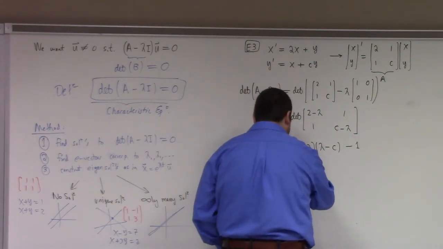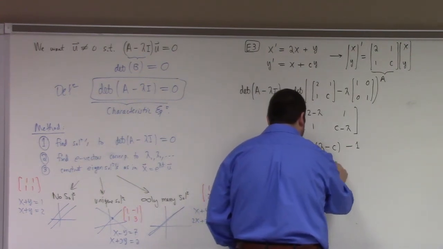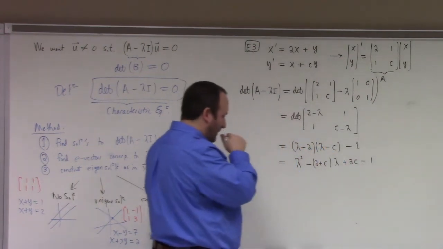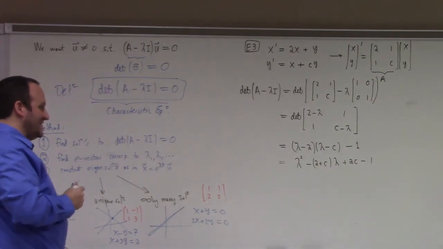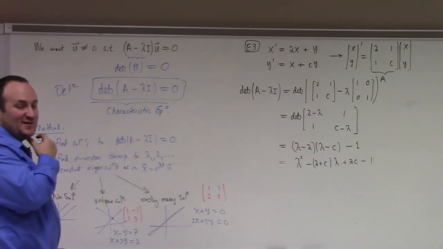Sorry guys, lambda squared minus 2 plus C lambda plus 2C minus 1, maybe that'll help us in our quest for making C easy. C equal to what?